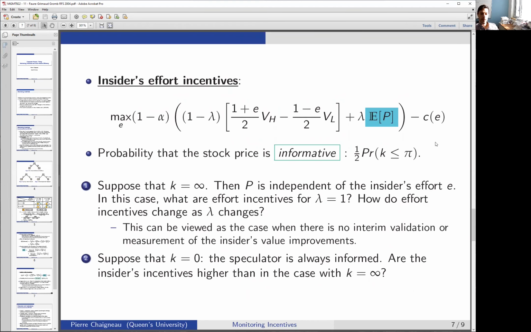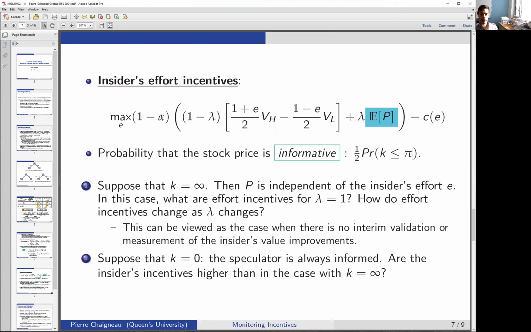So the probability with which the stock price is informative is actually very important to determine the manager's effort incentives. And this probability is equal to this. As you can see, it is decreasing in the cost K of getting information. And it is also increasing in the profits pi from informed trading.